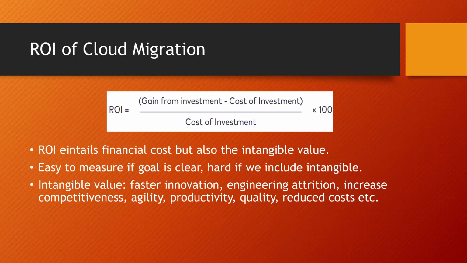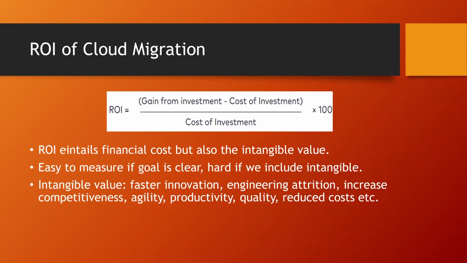It's not that hard if our goal is clear, but it is if we include the intangible benefits. So what do I mean by that? The goal being clear means that if we opt only for a small set of desired requirements or benefits, then calculating this would be relatively straightforward.